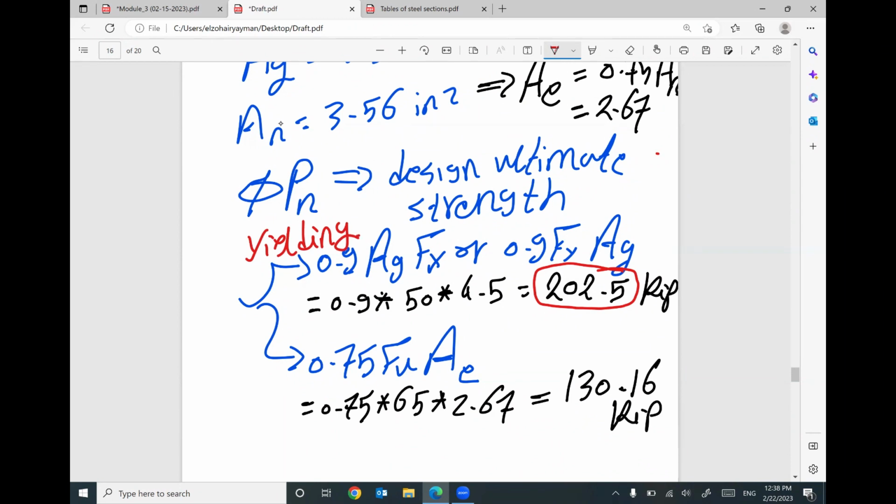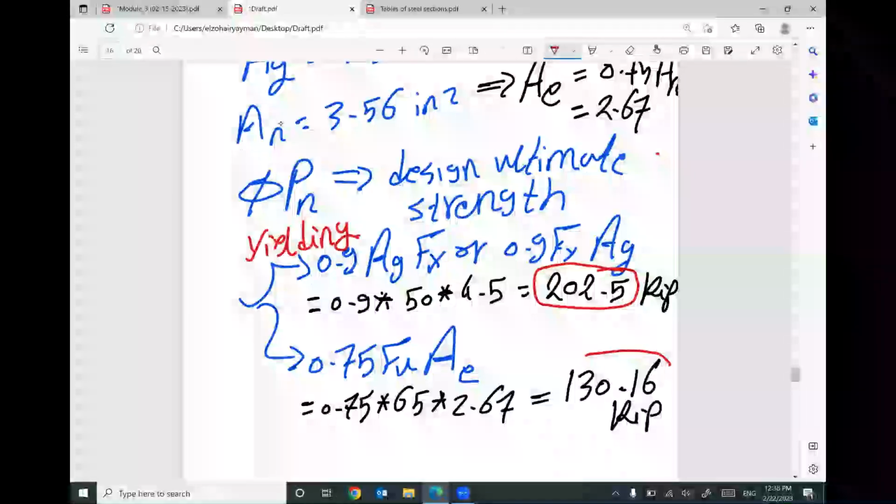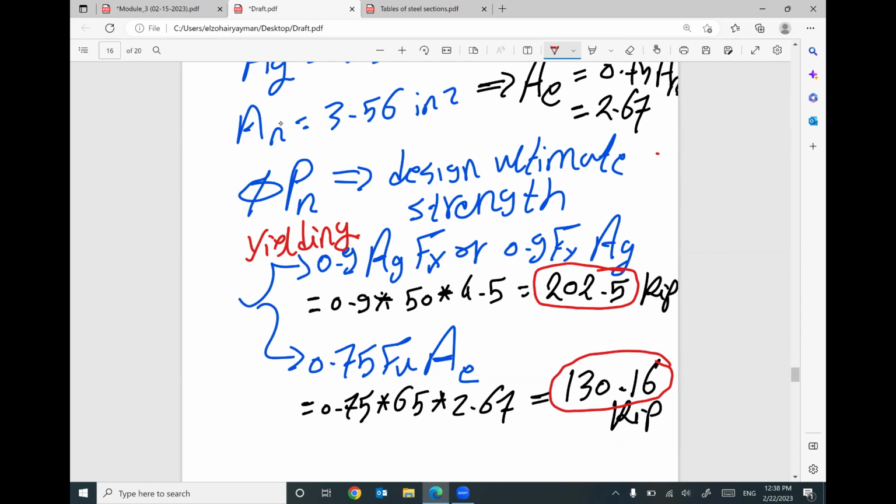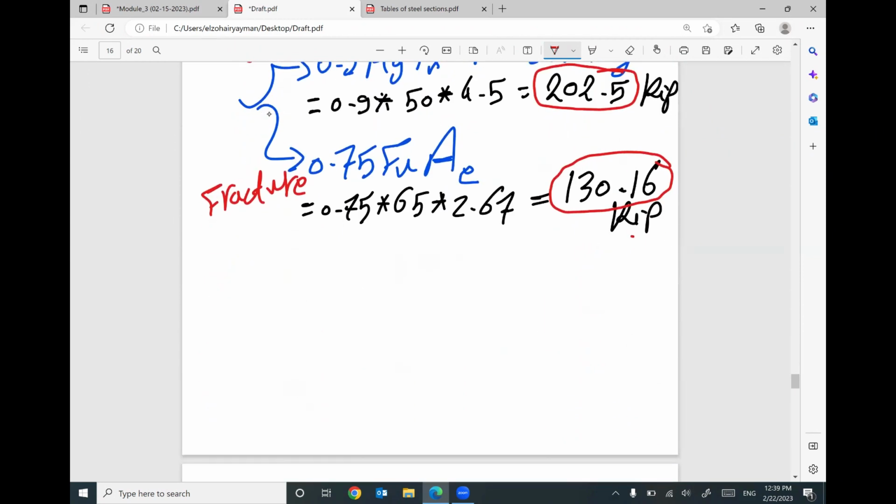And the same member can support only 130.16 kips to avoid any fracture of the connection. So the final conclusion is your design strength of this member will be 130.16 kips.